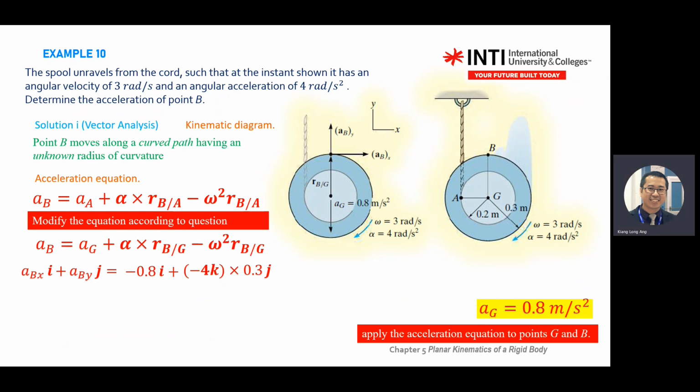All right. So in this case, your k for your alpha, sorry, not alpha, for your omega. Sorry, this one is alpha. Alpha is minus 4, and it's negative because it's pointing in. Direction going in. Cross r_B/G is 3.